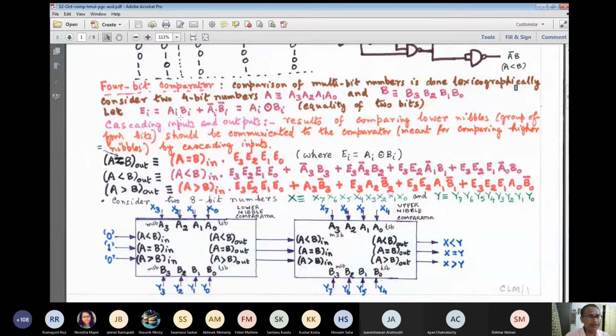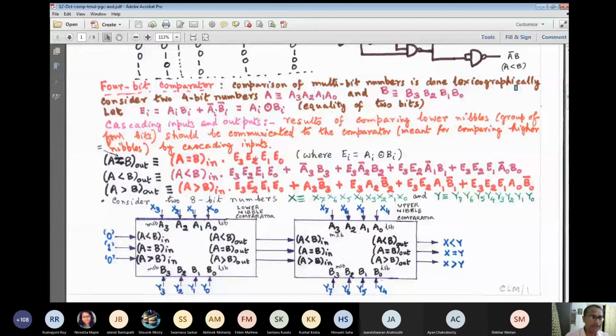E0 means A0 ANDed with B0, or A0 bar ANDed with B0 bar. E1 relates to A1 and B1, so A1 ANDed with B1 or A1 bar ANDed with B1 bar.